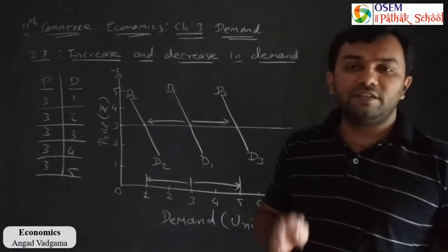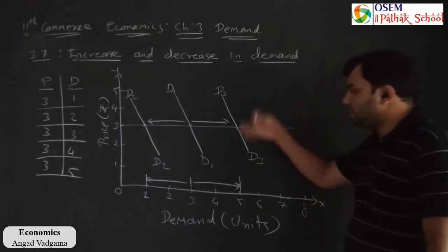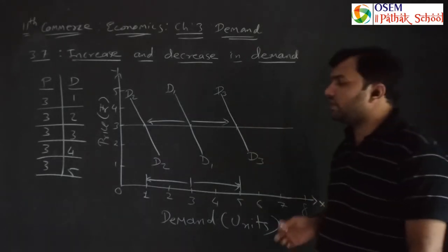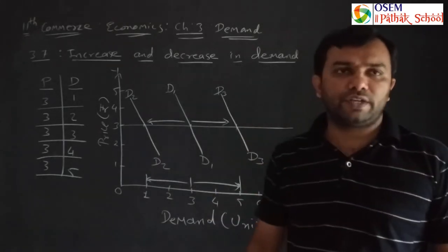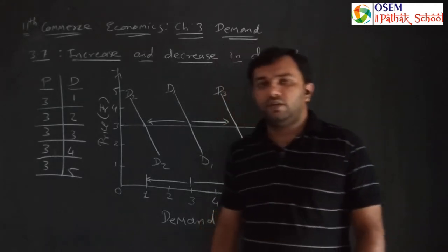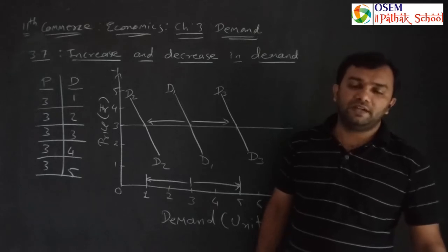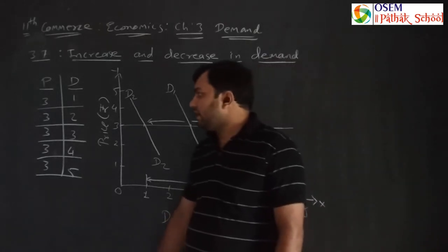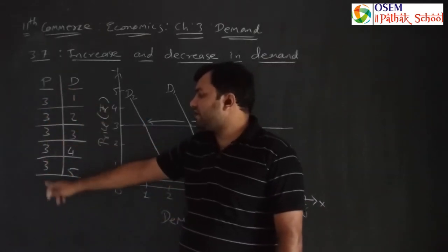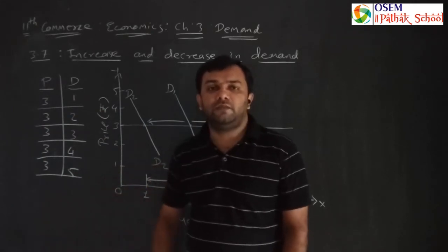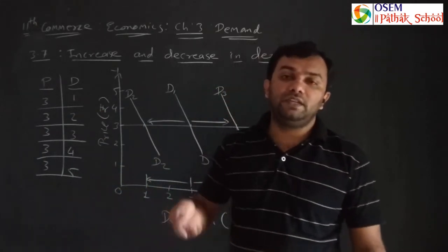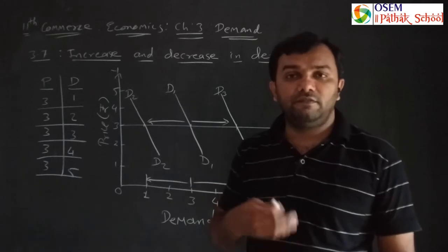This is very much different, as you can see in the graphical representation. It is much more different than the contraction and expansion in demand. In contraction and expansion, price is changing, and that's why demand is increasing and decreasing. And here price is constant, means price is the same, and other determinants might be variable.